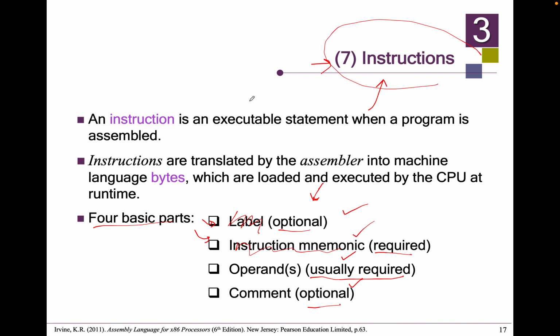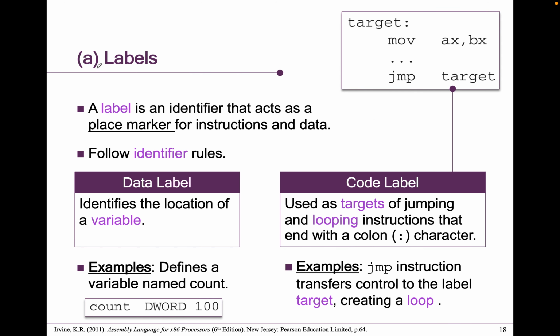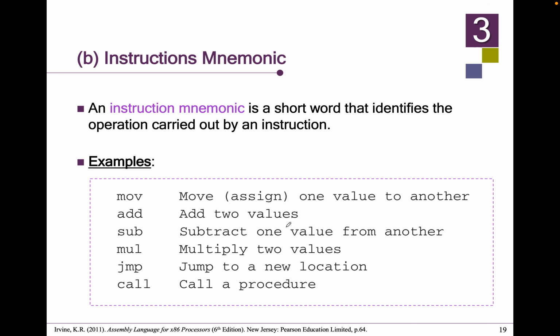Under your instruction, you're going to separate into the 4 parts. The first thing is the label. What is a label? You have 2 types of label, which are data labels and code labels. You need to know both of these and which one you're going to apply.